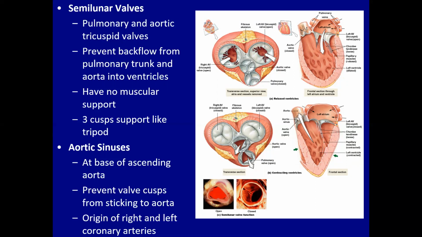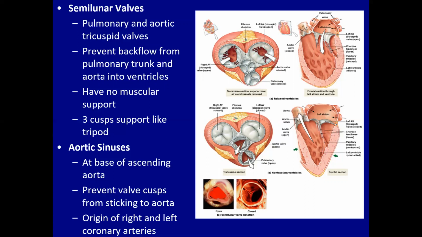One of them is between the left ventricle and the aorta, and it is called the aortic semilunar valve. And the pulmonary semilunar valve is between the right ventricle and the pulmonary trunk. Both of them have 3 cusps.